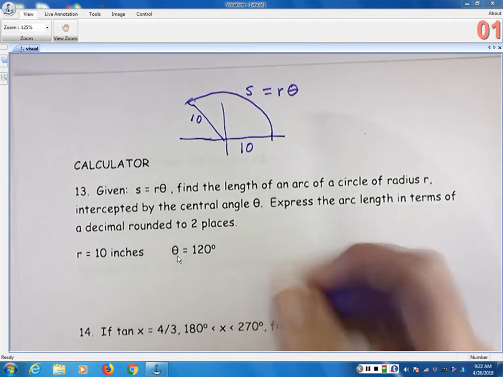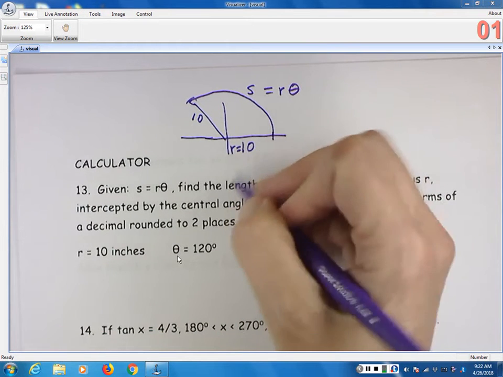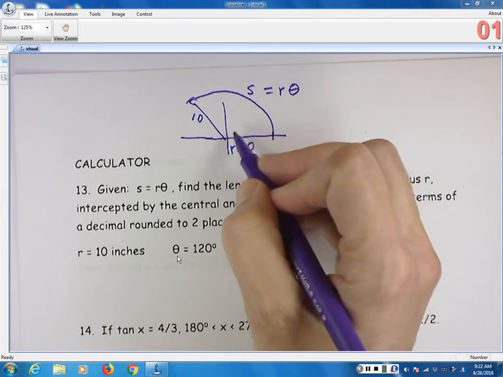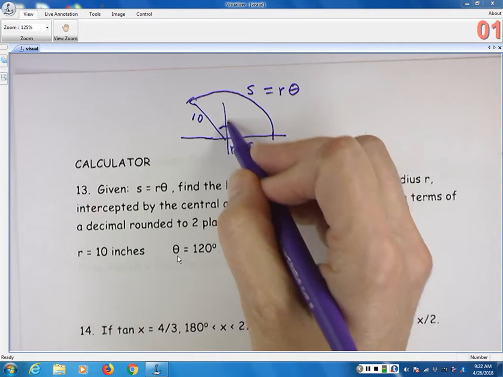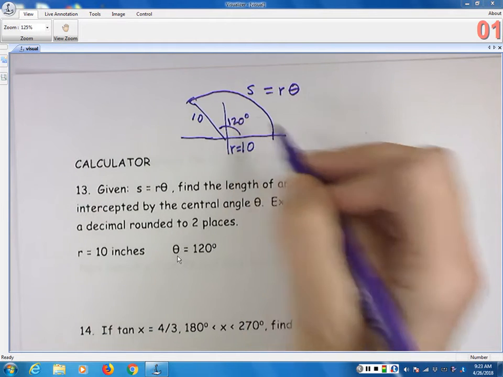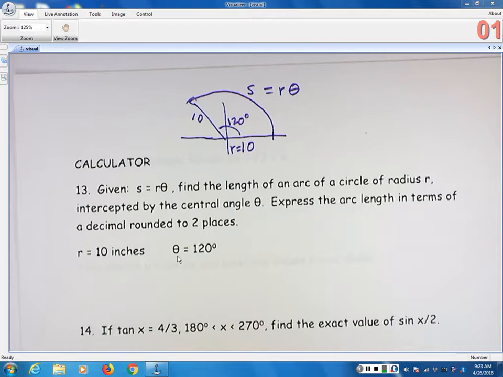The R is 10 in this problem, and theta is 120 degrees. But the only thing is, you're going to get 0 points on this problem if you just take 10 times 120. Why? Do you guys remember why? Because we have to convert it.